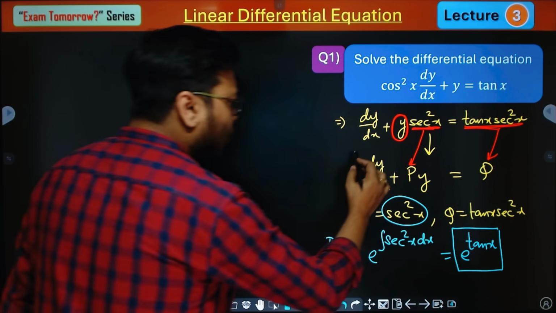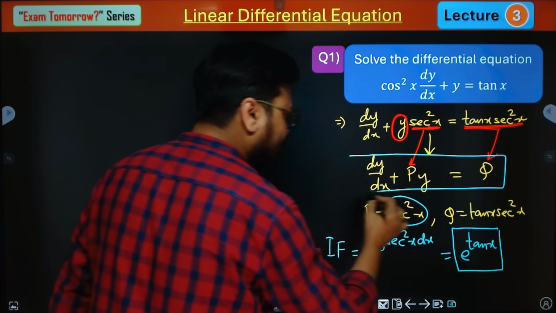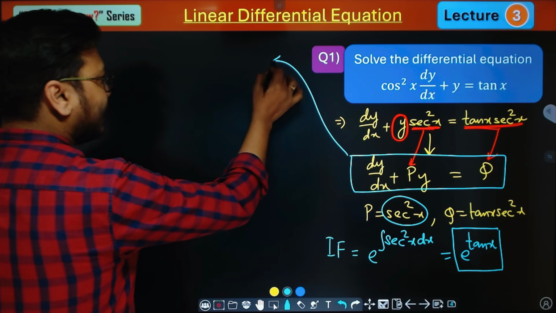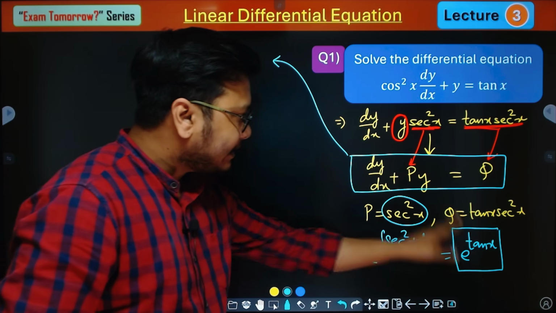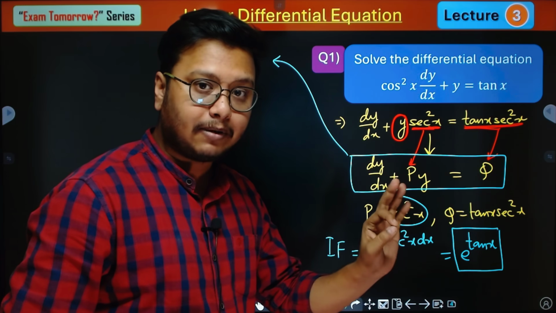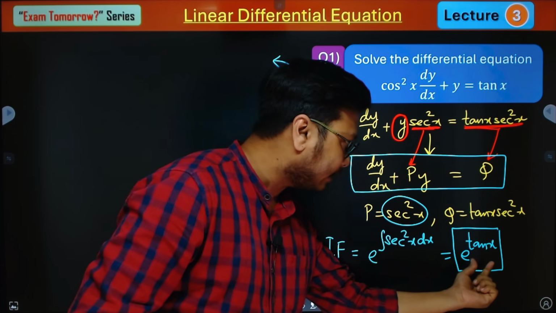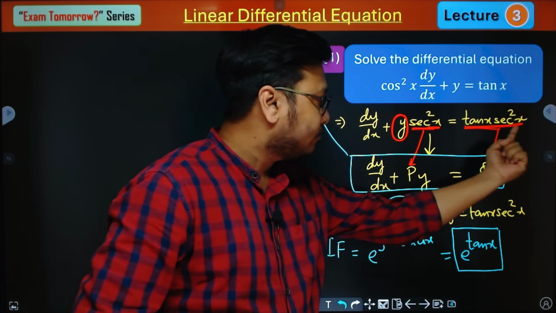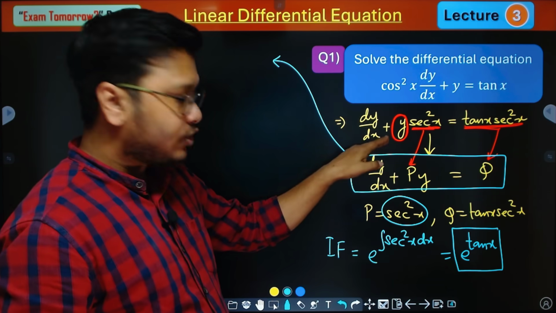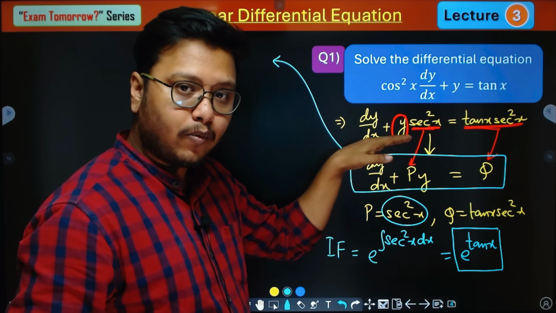Once you have the differential equation in this format and you have got the integrating factor, you can multiply the integrating factor on both sides of the differential equation. Remember, we are multiplying the integrating factor on both sides of the transformed differential equation, not the original one, the one which is in the required format.